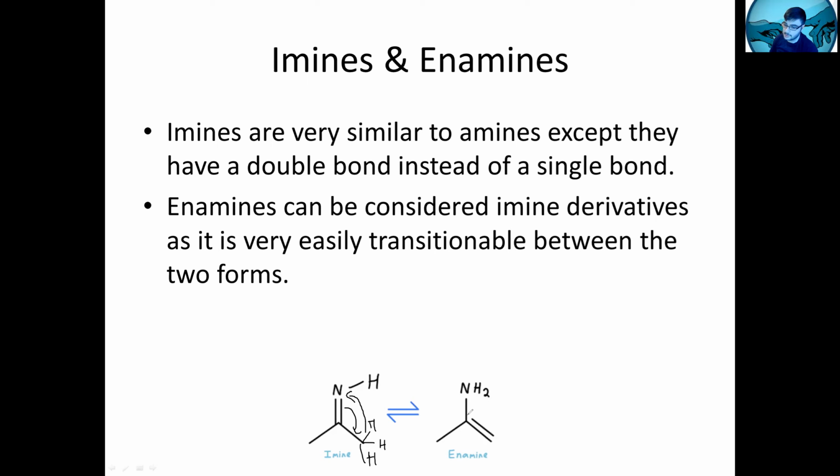In addition to this, you can also have, it's not drawn here, the same thing, NH2 here, and then a double bond here, right? These are all essentially equivalent, and they resonate from one to another, and they're constantly in flux. So all 3 of these forms exist at the same time, at certain levels, in different amounts. Okay, so it's very easy to transition between an amine and enamine.